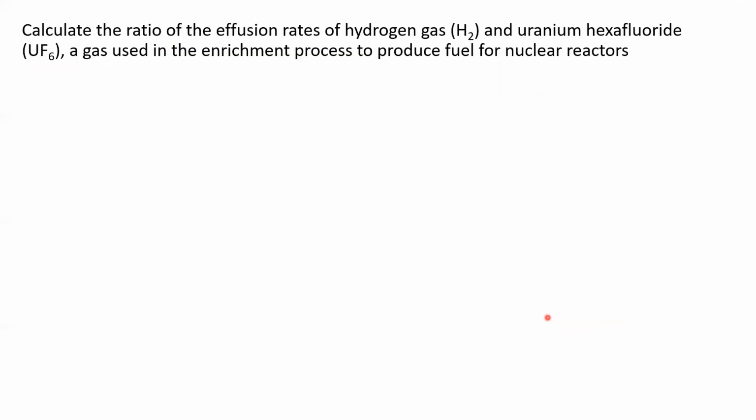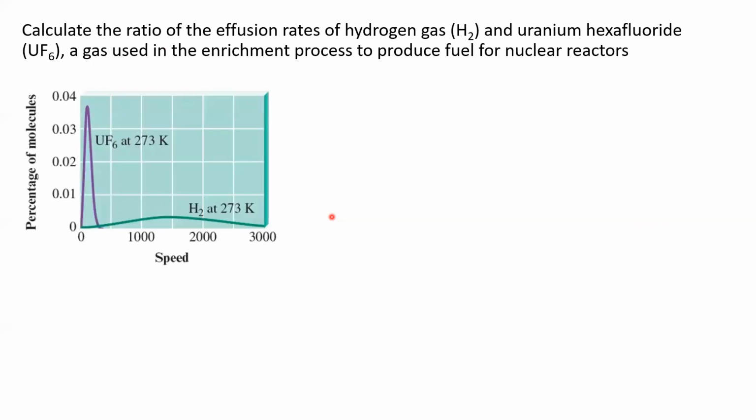So let's look at an example. Okay, we have two gases. We have hydrogen gas and we have uranium hexafluoride. And we want to figure out their relative rates of effusion. So first, if we were to look at the molecules, the molecules of uranium hexafluoride are traveling at a much slower speed than the molecules of hydrogen gas would be.